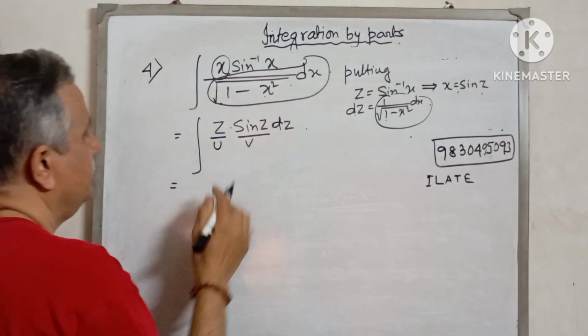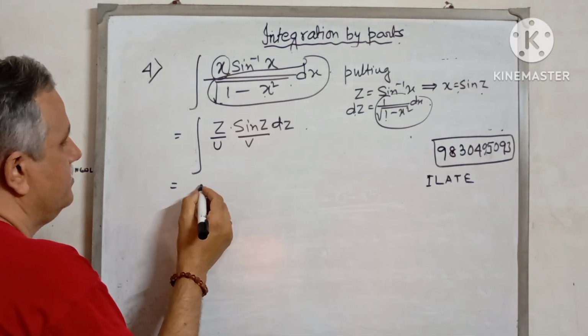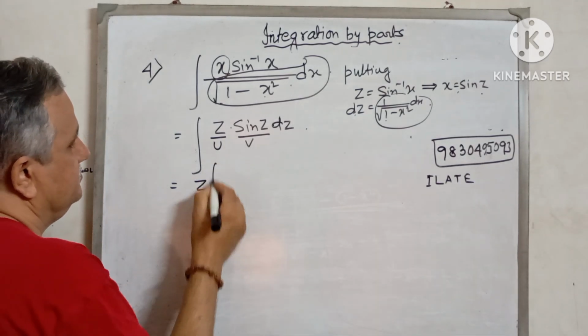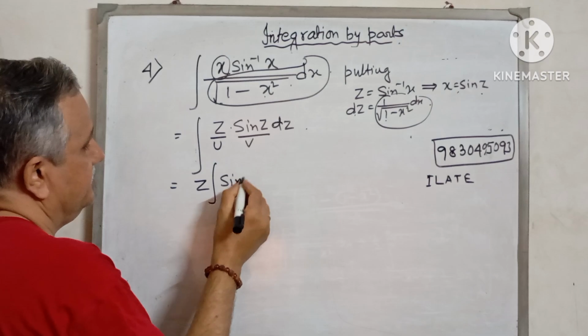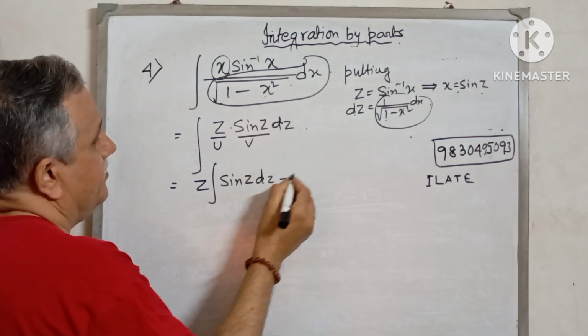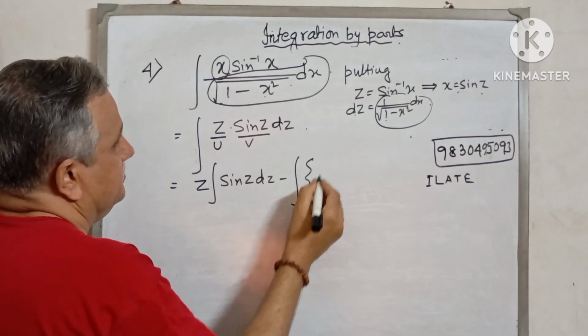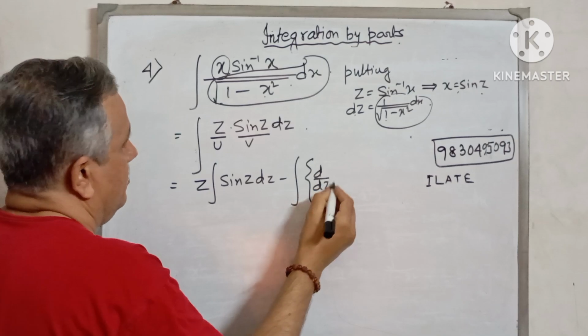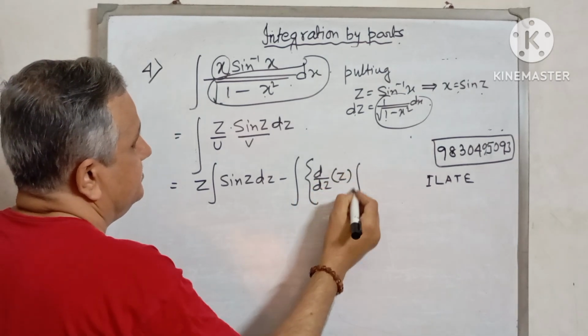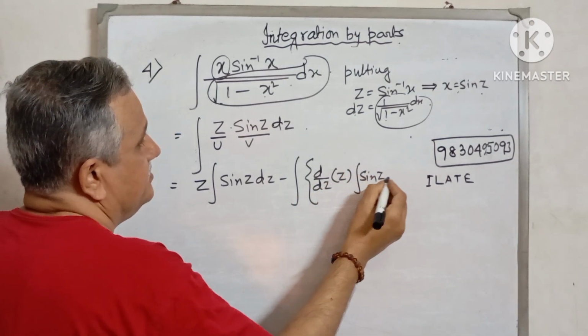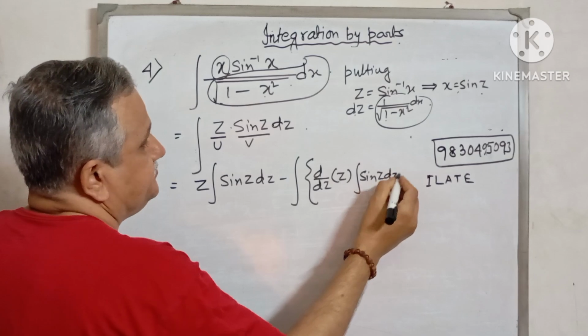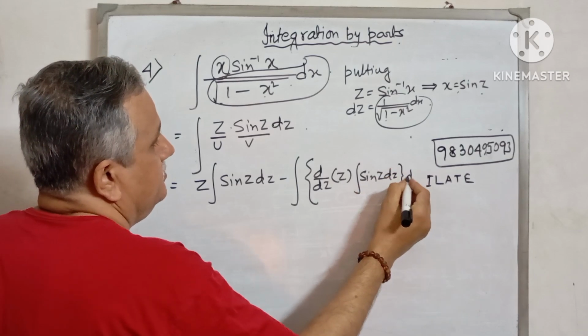Now applying the rule of integration u into v, z integration sin z dz minus integration of d dz of z integration sin z dz whole dz.